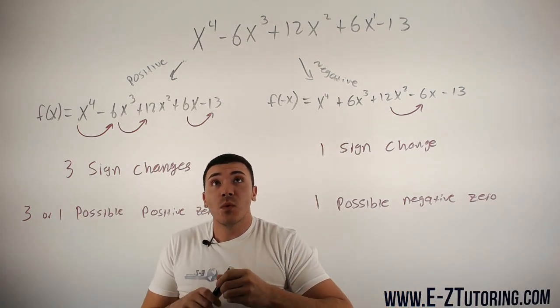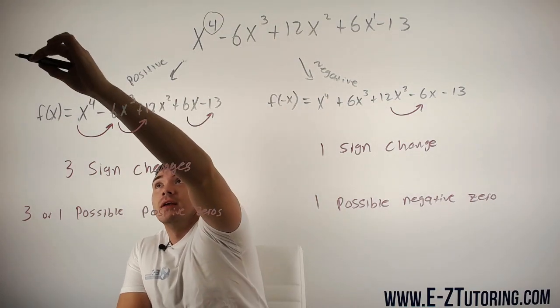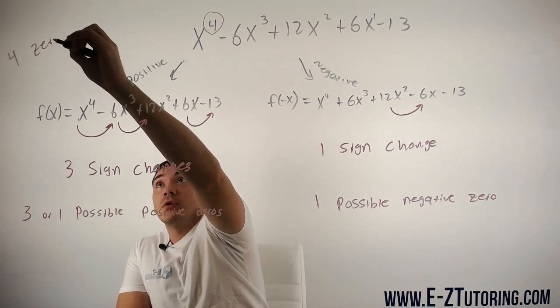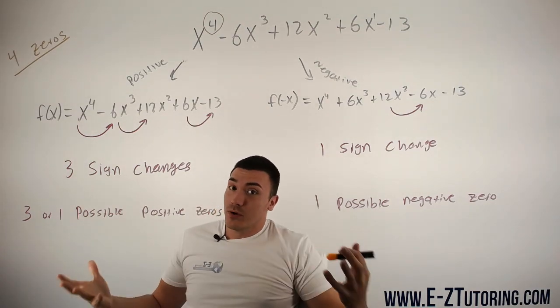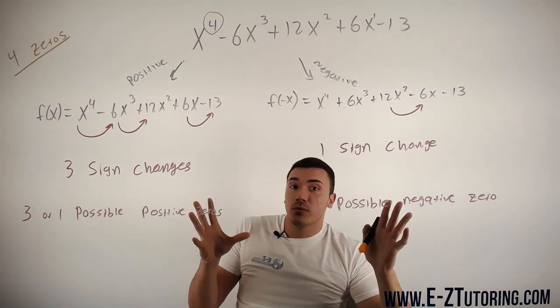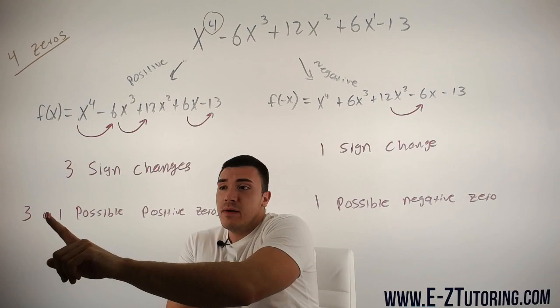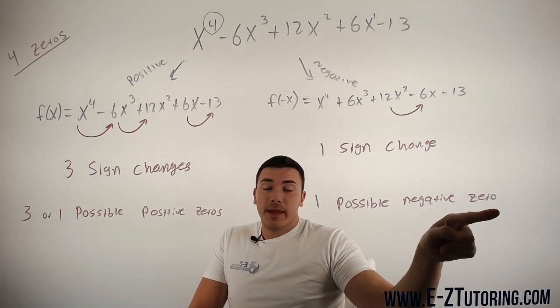Well, what is our degree of this polynomial? It is 4. And that degree of 4 means that we will have 4 zeros in total. We don't know what types of zeros those are, whether they're positive or negative, until we do Descartes' rule of signs. But if we have 3 possible positive zeros, then we have 1 negative zero.